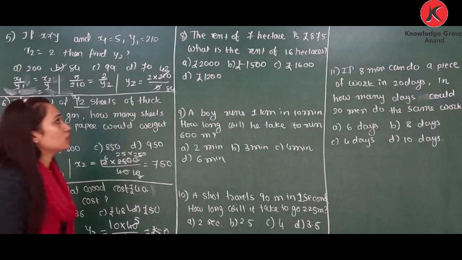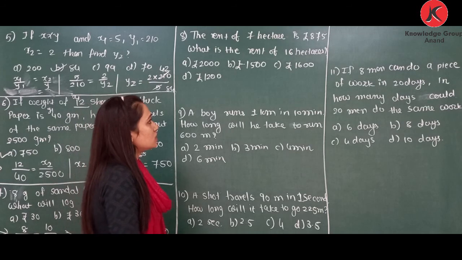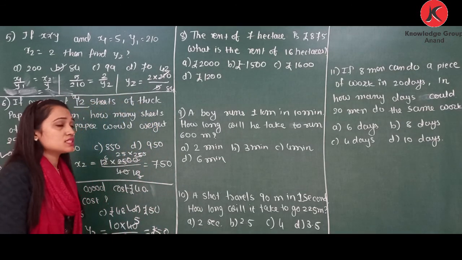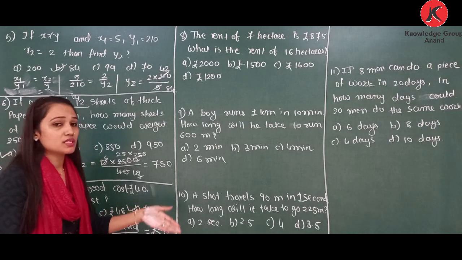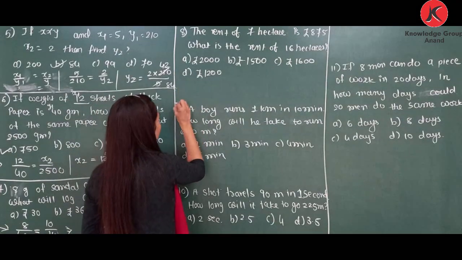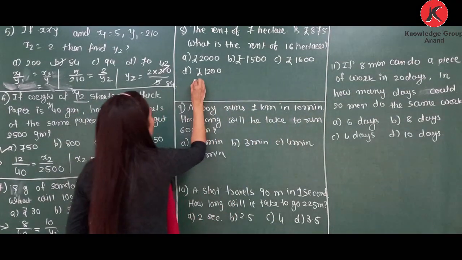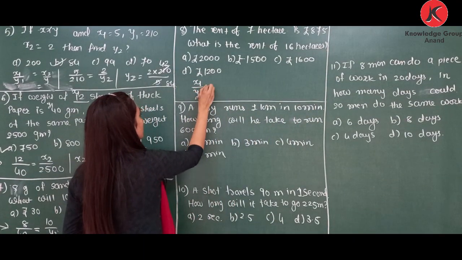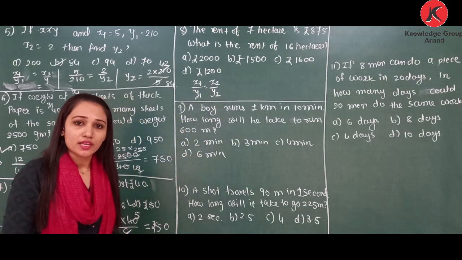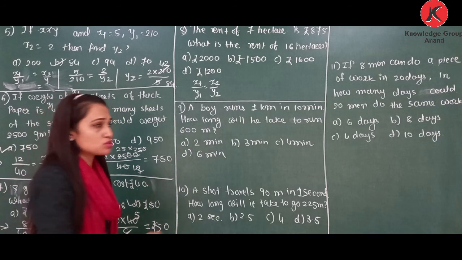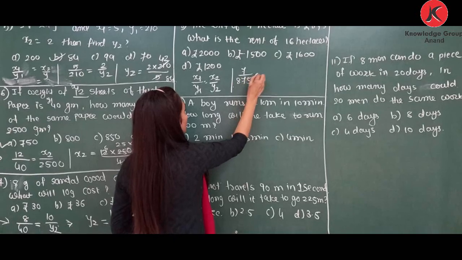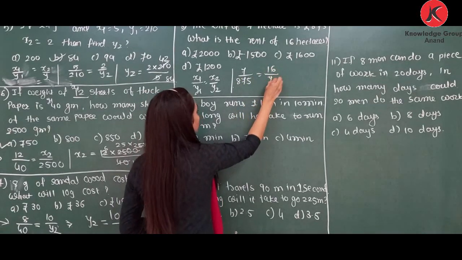Next one, a rent of 7 hectares is rupees 875. What will be the rent of 16 hectares? If area is increasing, cost will increase. So that is again in a direct proportion. So we can write x1 divided by y1 is equal to x2 divided by y2. Now we are considering hectare as x1 and cost as y1. So here we can write 7 divided by 875 is equal to 16 divided by y2.